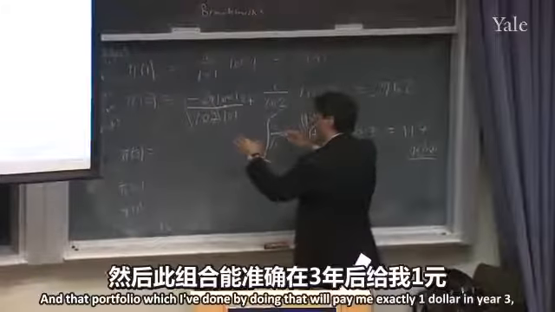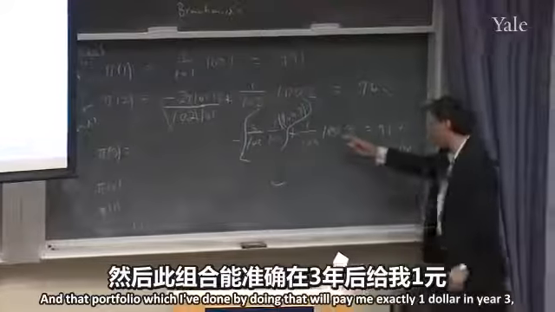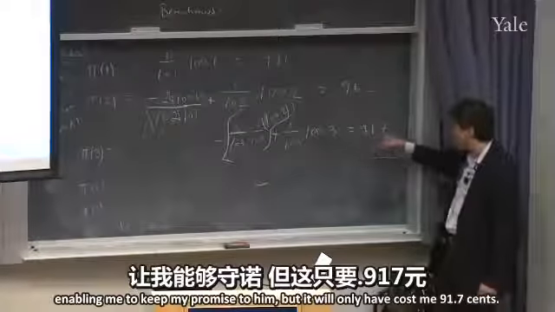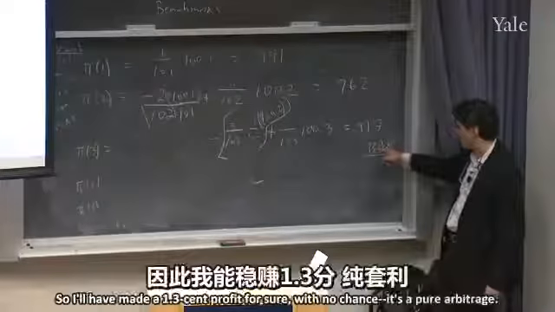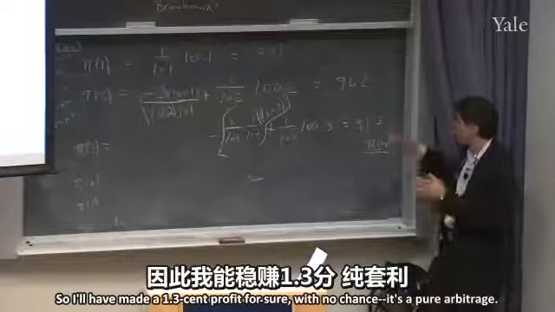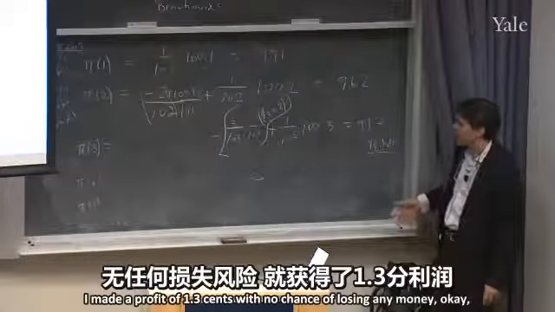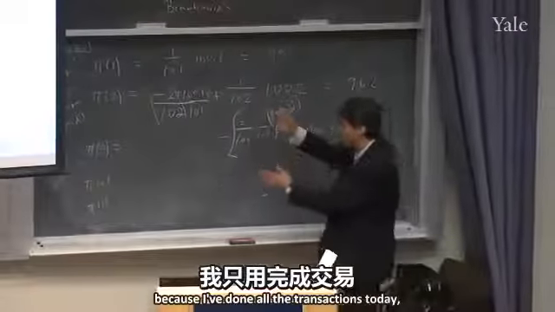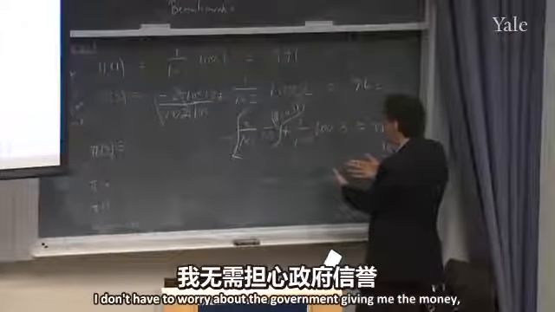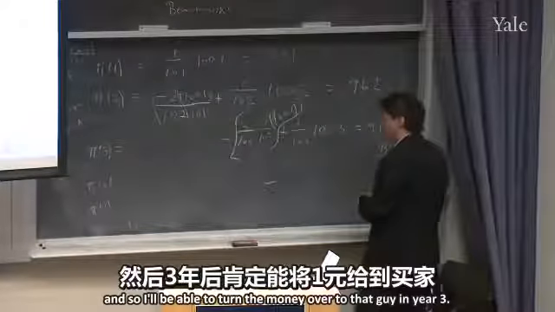That portfolio will pay me exactly $1 in year 3, enabling me to keep my promise to him, but it will only have cost me 91.7 cents. I'll have made a 1.3 cent profit for sure, with no chance of losing any money. It's a pure arbitrage. I've done all the transactions today, and the government's going to keep its promises. I don't have to worry about the government giving me the money, and so I'll be able to turn the money over to that guy in year 3.